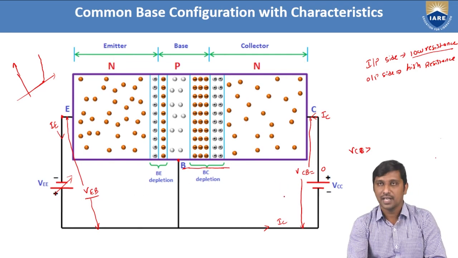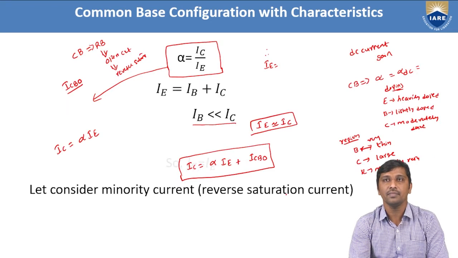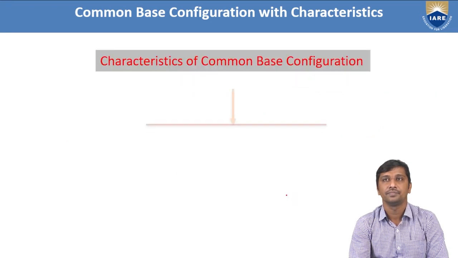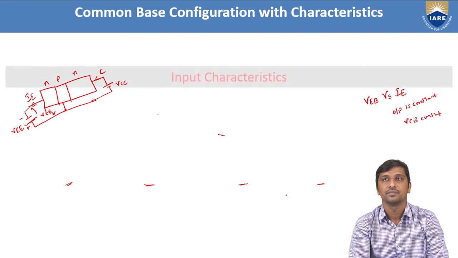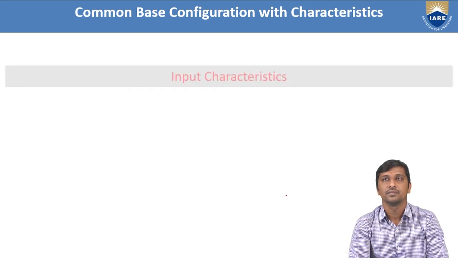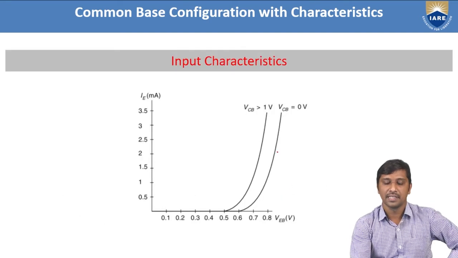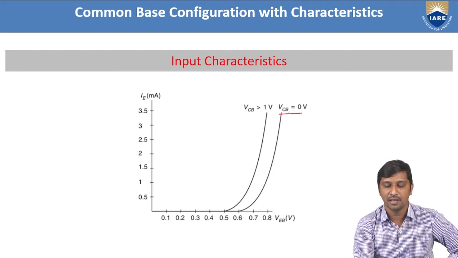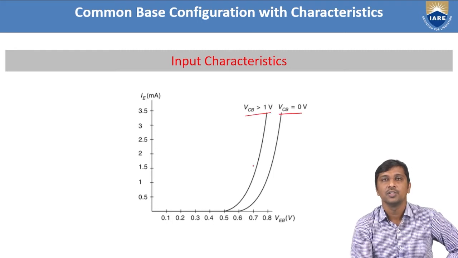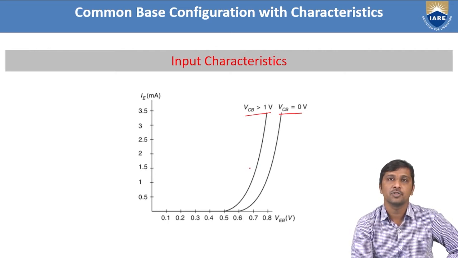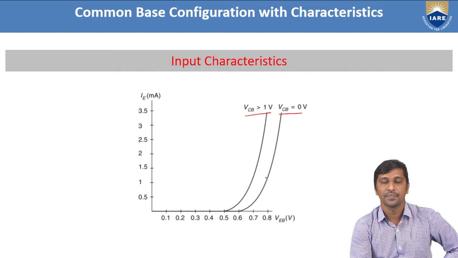Here I am going to show you the same points represented. This is VCB equal to zero, and when VCB is greater than 1 volt, due to that reverse voltage, more depletion region penetrates towards the base. Hence, the conduction takes place earlier compared with VCB equal to zero.